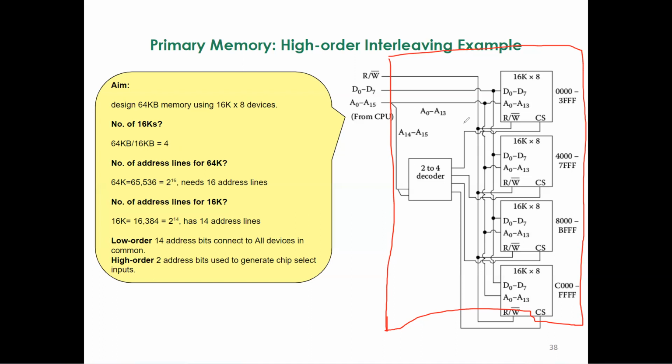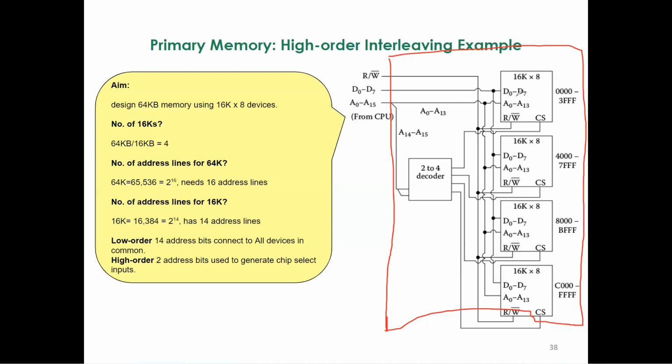So 00 will go to module 0, 01 is module 1, 10 is module 2, and 11 is module 3. Then the rest of the bits, the lower bits A0 to A13, become the actual memory address bits, which are used to fire up each of the smaller modules.